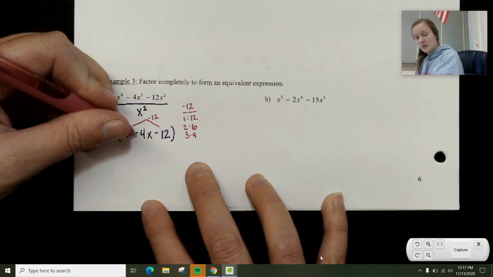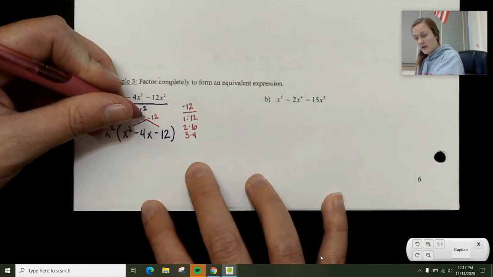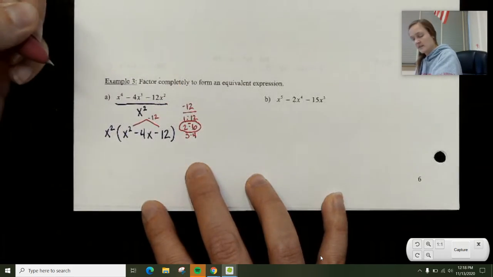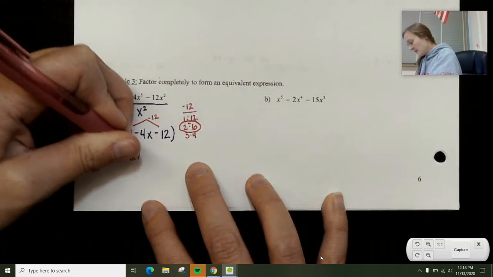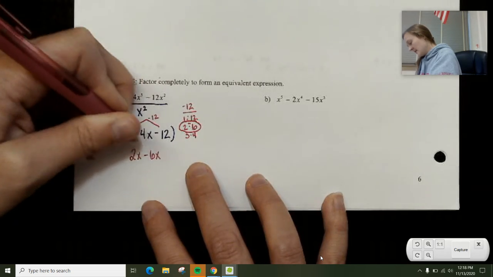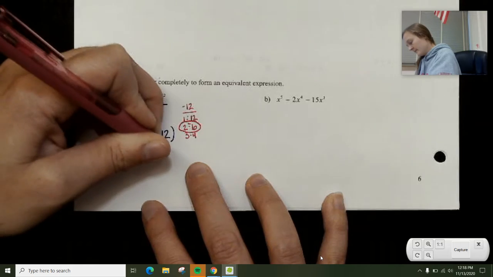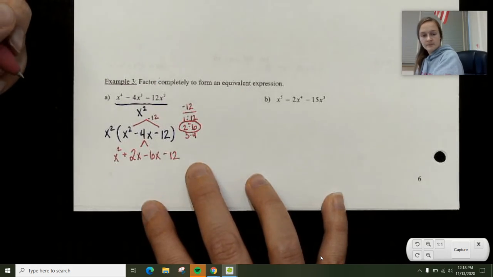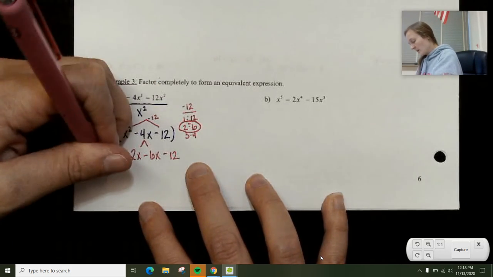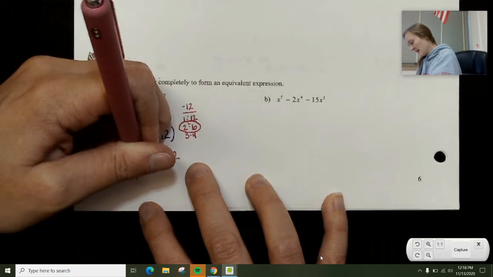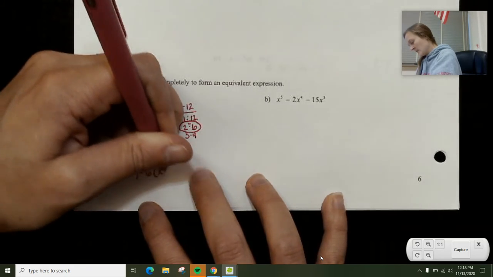And I'm going to add to a negative, and I'm going to multiply to a negative, so I need a positive and a negative, and I'll choose 2 and negative 6. 2x minus 6x is equal to negative 4x. So in my front two, I'll take out x, and I'm left with x plus 2. In my back two, I'll take out negative 6, and I'm left with x plus 2.